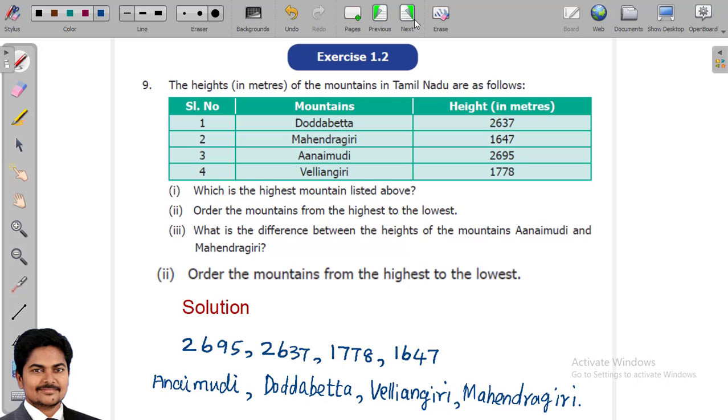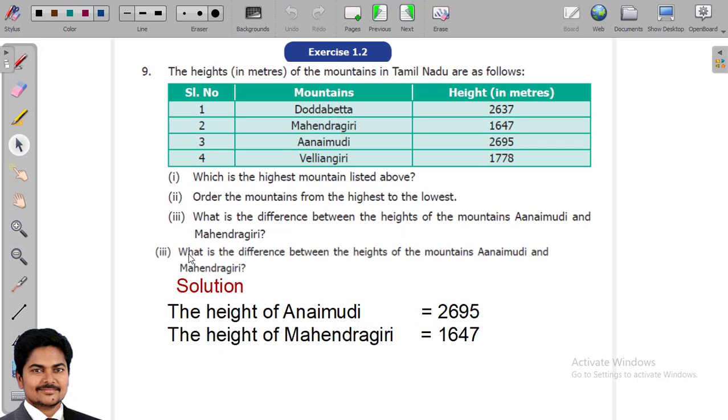Mahendragiri. The third question, what is the difference between the heights of the mountains Anaimudi and Mahendragiri? So the height of the Anaimudi is 2695 meters. The height of Mahendragiri is 1647 meters. So we have to find out the difference between these 2 heights. We cannot subtract 7 from 5.